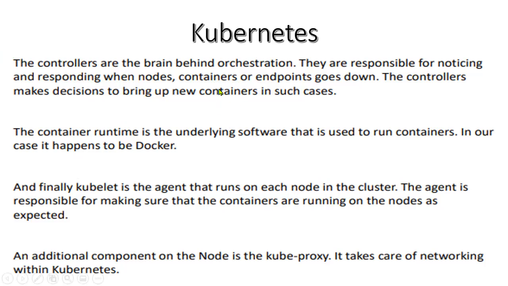So what is a replica set? We'll do it practically. The container runtime is the underlying software that is used to run containers. And kubelet is the agent that runs on each node in the cluster. When I say node here, Siva, what am I referring to?